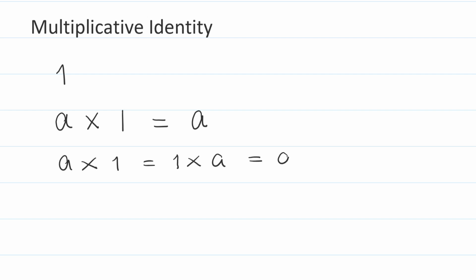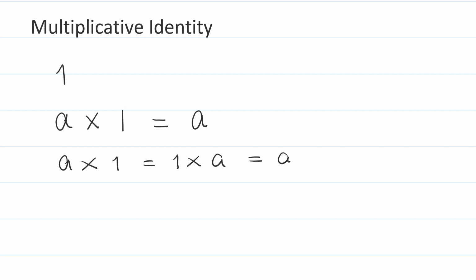Multiplicative identity. 1 is called the identity for the multiplication of rational numbers. Consider a binary operation. A binary operation is an operation on two elements. Multiplication is a binary operation. Consider the product of two numbers a and 1. a into 1 is equal to 1 into a is equal to a.